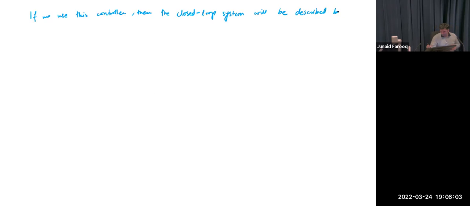described by A minus BK, and A minus BK turns out to be 0, 1, minus C, minus square root of 2C.